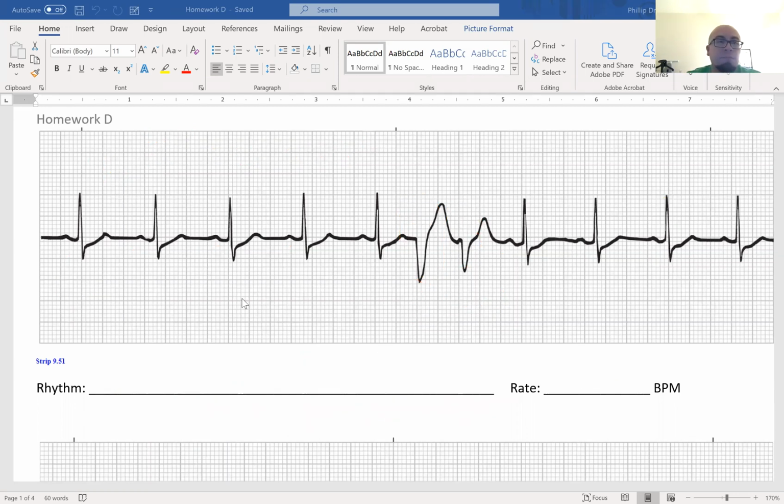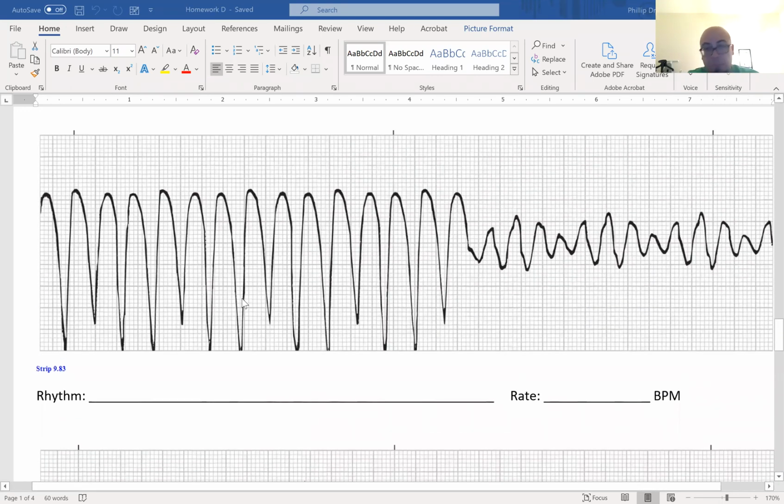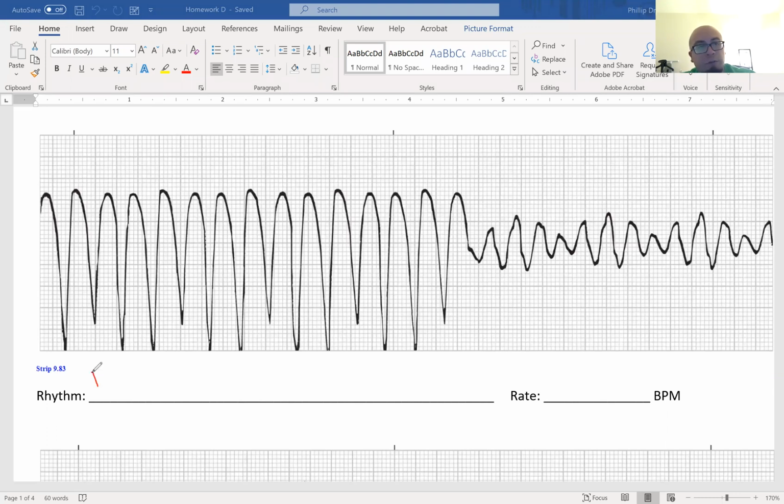Let's move on. This person's in trouble here. We have ventricular tachycardia, so we're going to go VTach to VFib. All right. Two rhythms here.